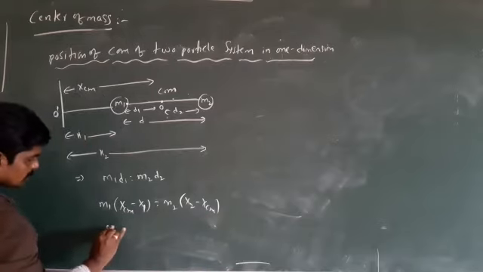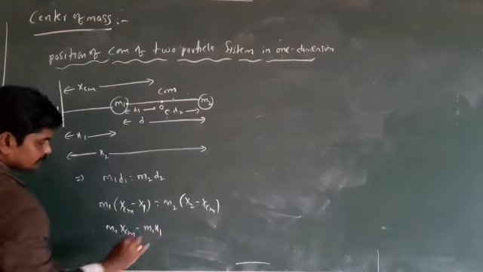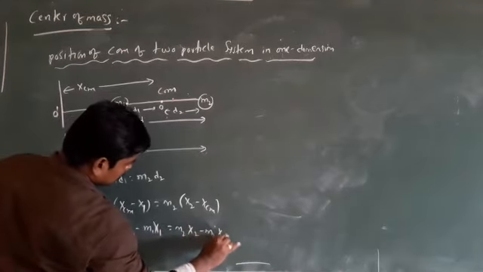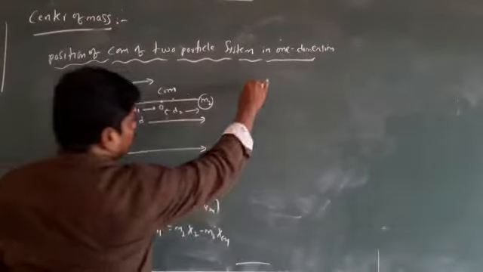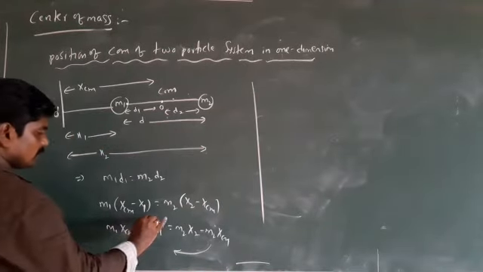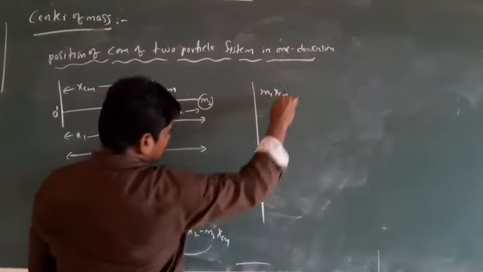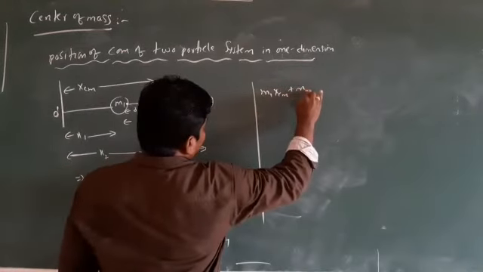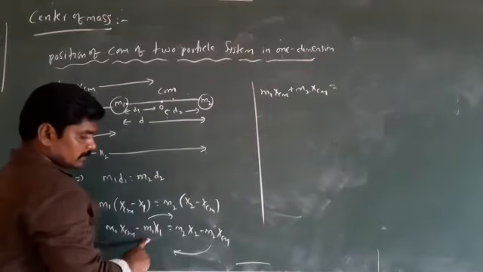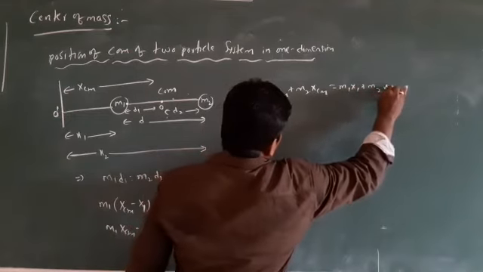Now from this, m1 xcm minus m1 x1 is equal to m2 x2 minus m2 xcm. Now if you rewrite this, take m2 xcm to this side and m1 x1 to that side. The equation changes like this: m1 xcm plus m2 xcm is equal to, taking m1 x1 to the right side, m1 x1 plus m2 x2.